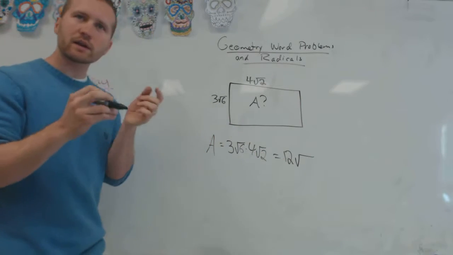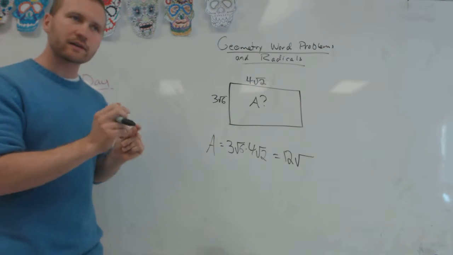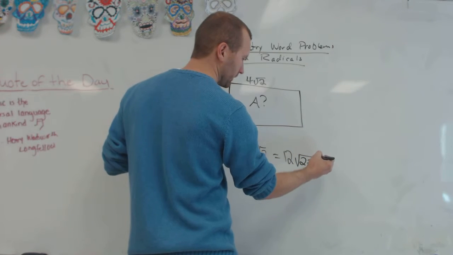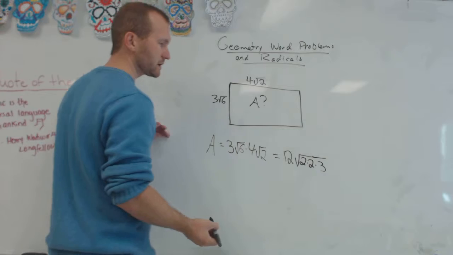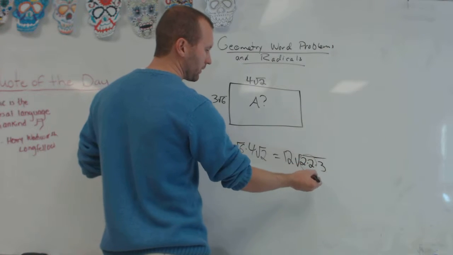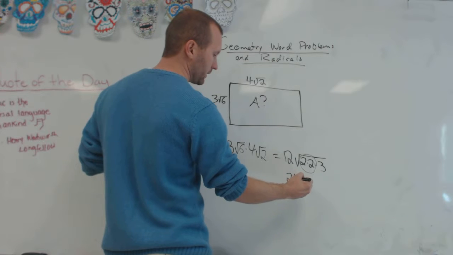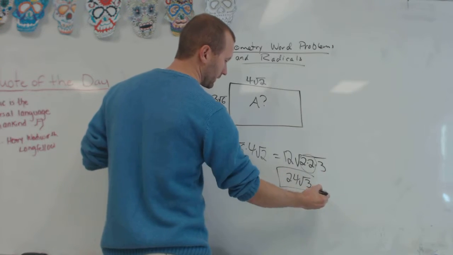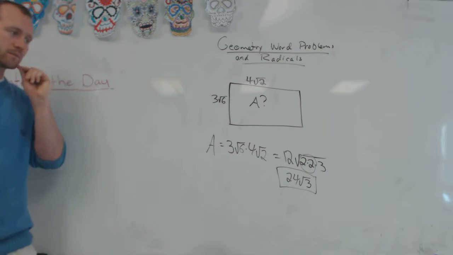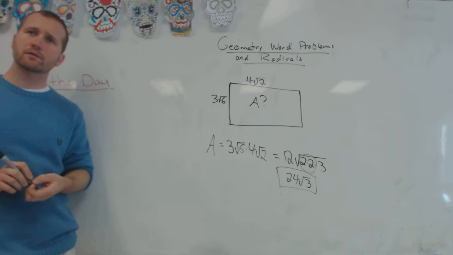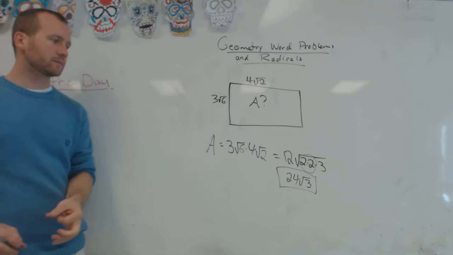As I'm doing that, I'm looking for those factors that are in common. And I notice 6 has a 2 in it. In fact, 6 is 2 times 3. So now I'm going to pull out my 2. I have 24 square roots of 3 as my final answer. That is the area of this rectangle.